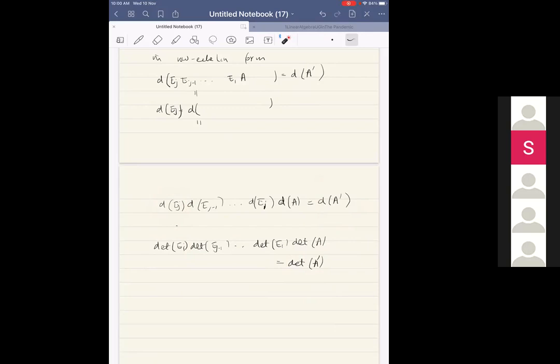Therefore, det has no choice but to agree with D. In other words, D has no choice but to agree with det on arbitrary A. So, in other words, there is a unique function that satisfies properties 1 to 3, and it satisfies all these additional properties that we proved in the proposition.